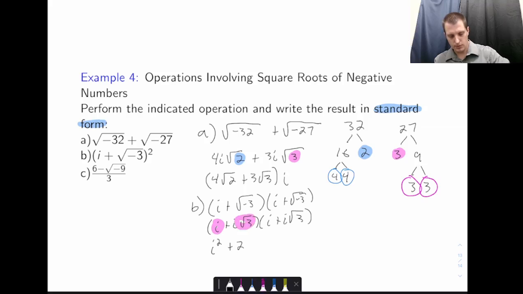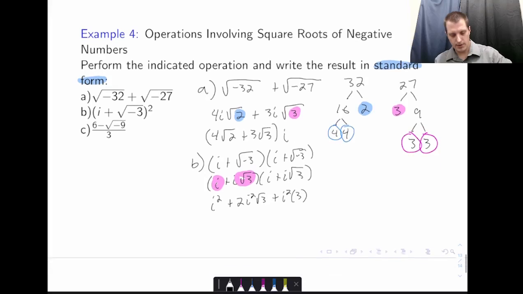So we're going to get 2i squared square root of 3. And then lastly, we're going to get a plus i squared times 3, because square root times square root is just the number that you had on the inside.